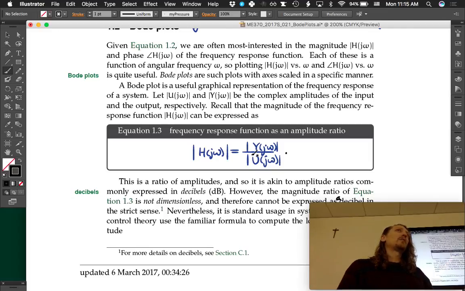They're implied, but we're just not making them explicit. So it matters if you're expressing your output in different units. So for instance, if your output was in meters and your input was in newtons, then this magnitude of frequency response function is going to be in meters per newton, right? And if you decided to do it in millimeters per newton, that's fine, but it would be totally scaled differently, right? So we just have to pay attention to what units we're using in this.